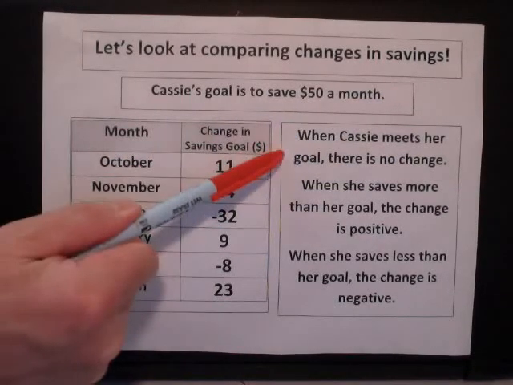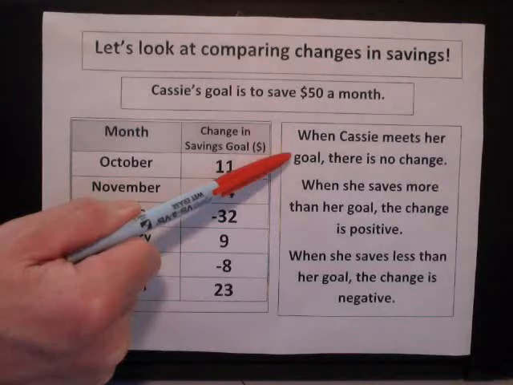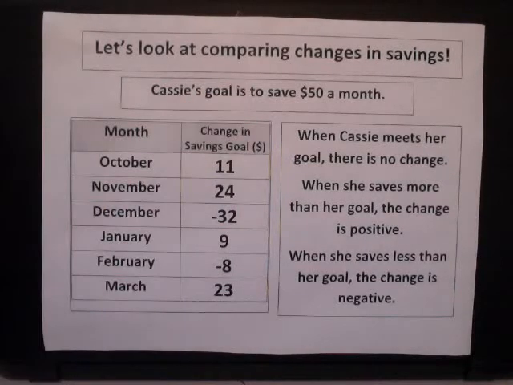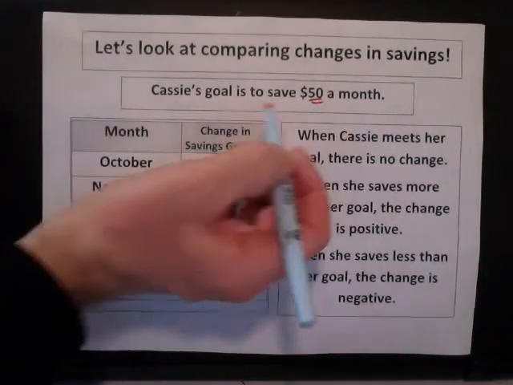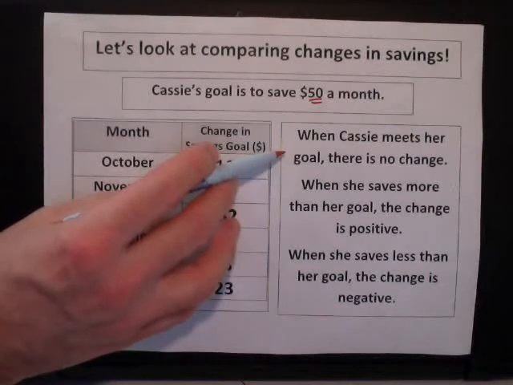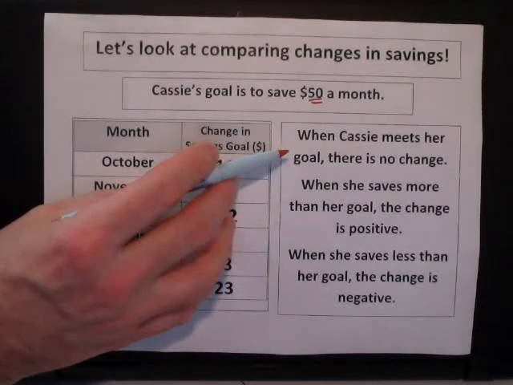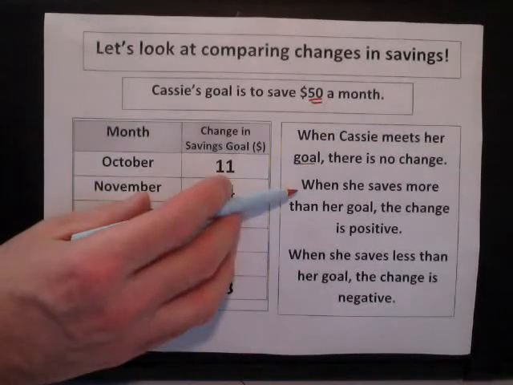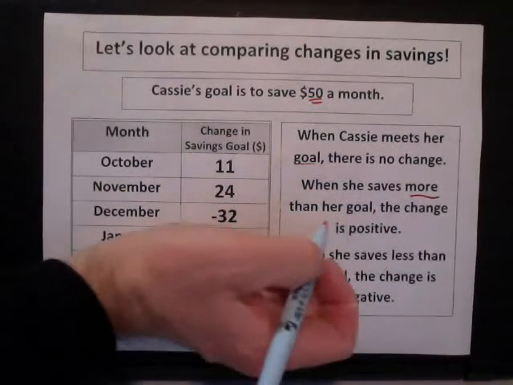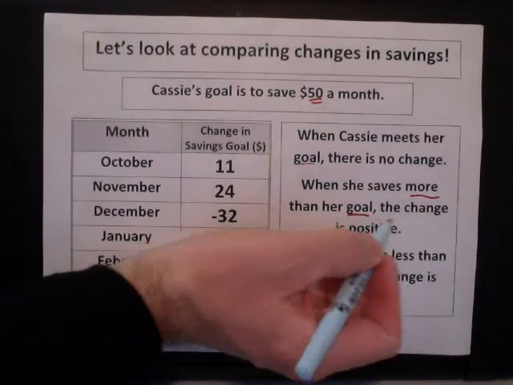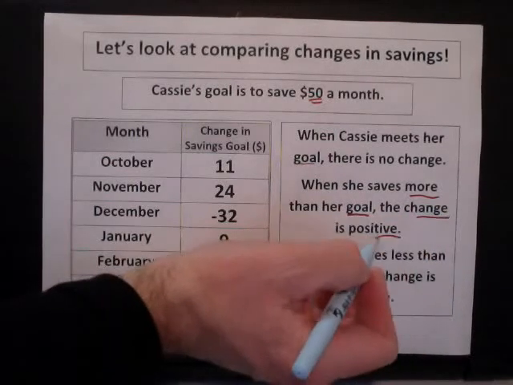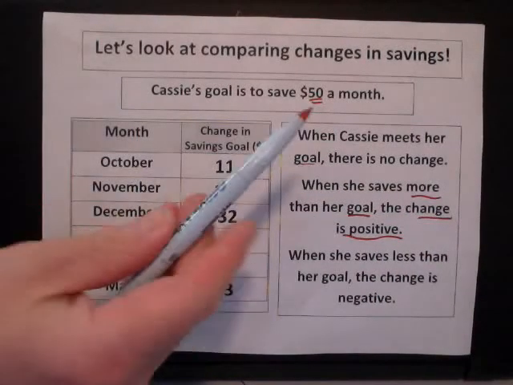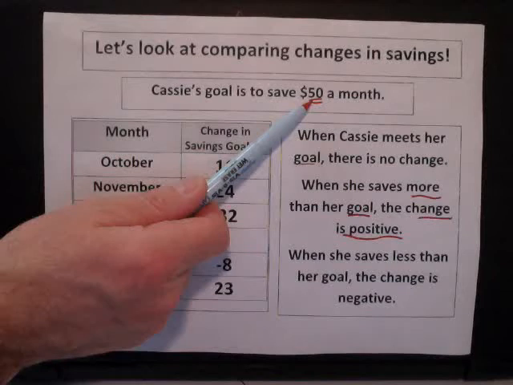When Cassie meets her goal, there is no change. So if Cassie puts in exactly $50, there's really no change in her savings per month. In other words, she's saving her goal. Now, when she saves more money than her goal, the change is positive. So if she puts in $52, she has $2 of positive change.